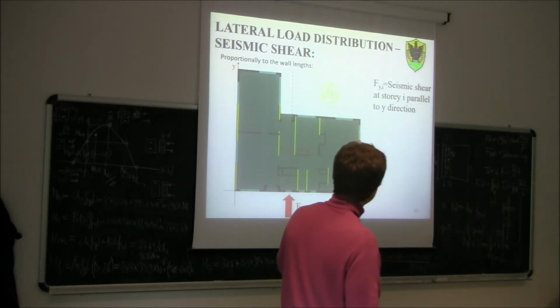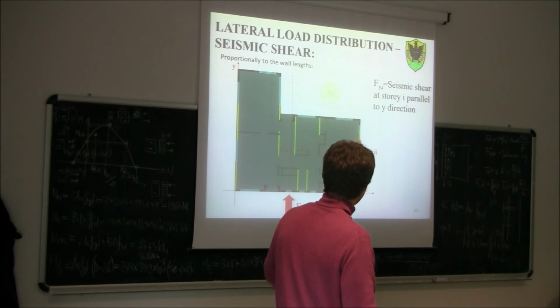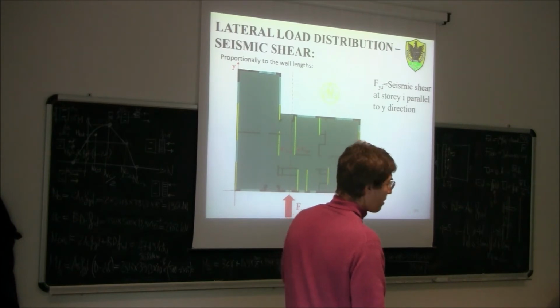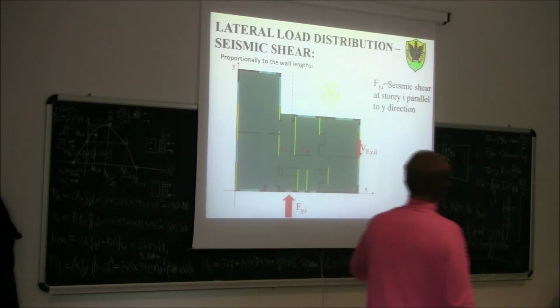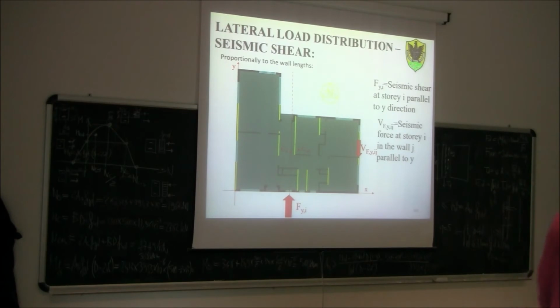So, how do we calculate now how much of this total seismic force we'll get in a general J wall at the floor I? We said before that VFYIJ will be proportional to the length of this wall.